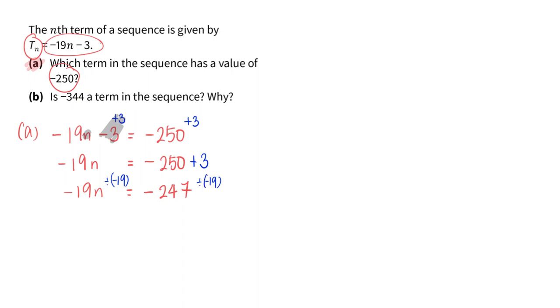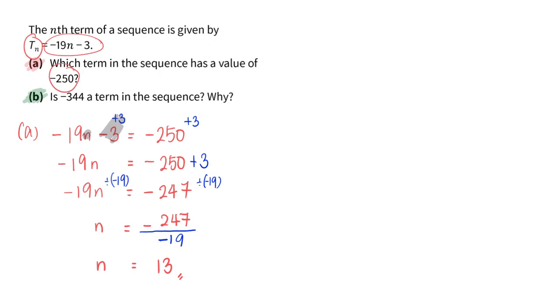So that when you have negative 19 divided by negative 19, I will get 1n. And as for here, I am going to divide by negative 19 to give me the final answer. My n is equals to 13. So it is the 13th term in the sequence.